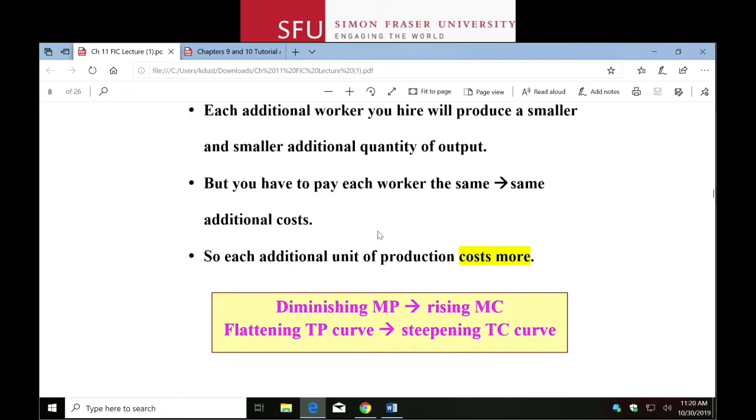Which then leads to the different shapes for the total product and total cost curves. So total product and total cost curves both go up, but the total product curve goes up at a decreasing rate, whereas the total cost curve goes up at an increasing rate. So this one gets flatter as quantity increases, and the total cost curve will get steeper as the quantity increases.